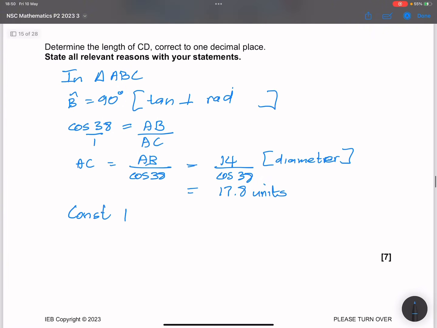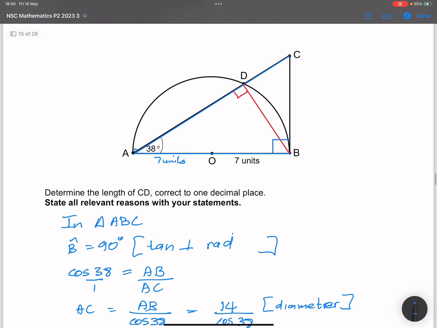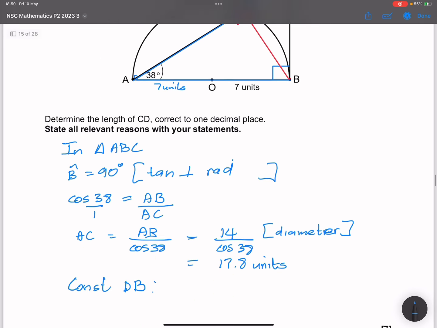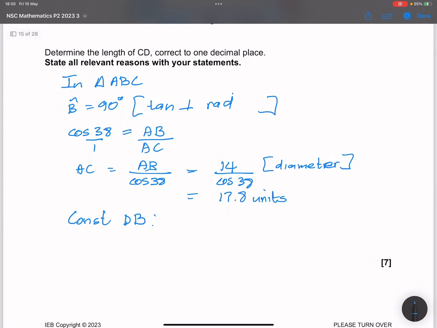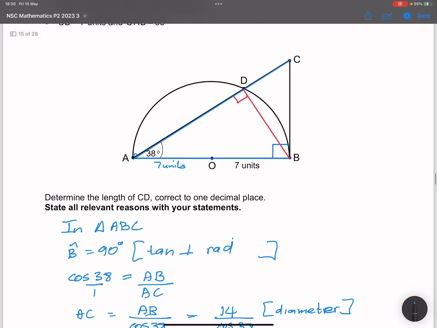Line DB. Right, now that means that angle ADB would be equal to 90. And the reason for that now is that this is the angle at semicircle. Okay, right. So in this case, that means that I can once again use my trig ratios, right?